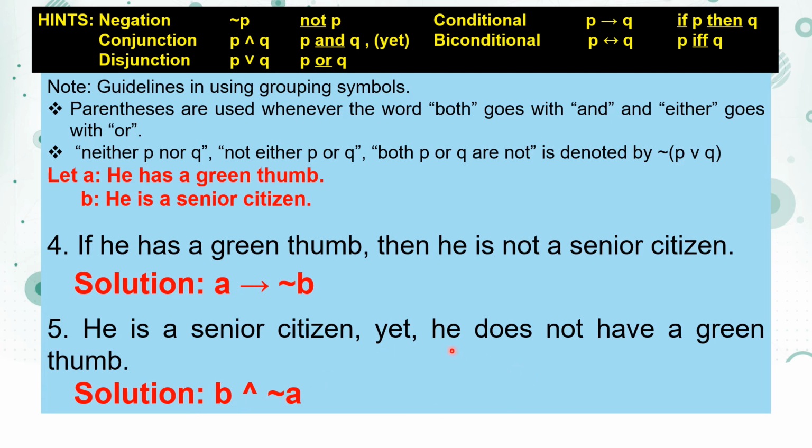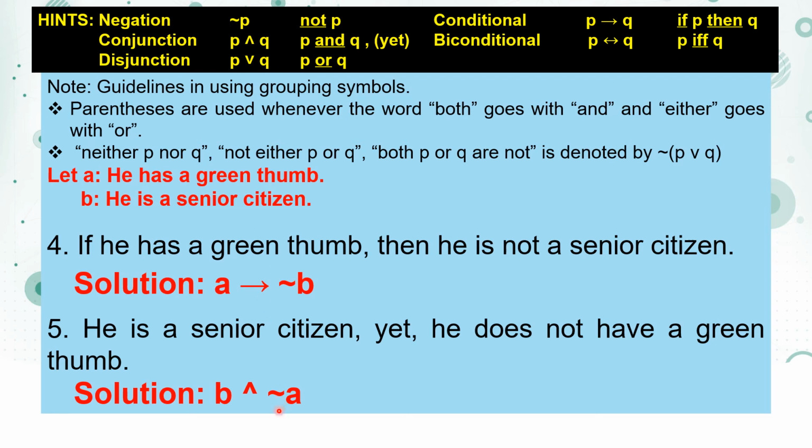Then we have, he does not have a green thumb. Since we have "he does not have," it is the negation of our proposition A, which is "he has a green thumb." So the symbol for negation is this one.